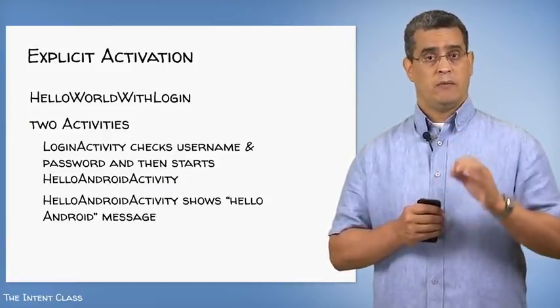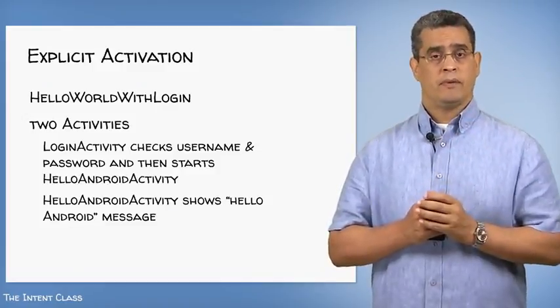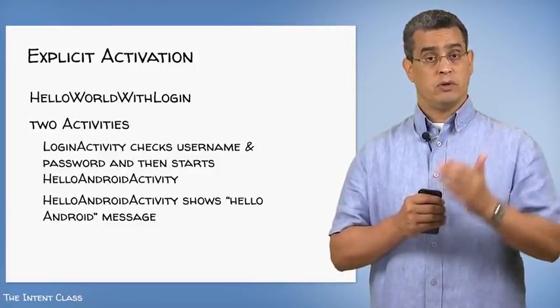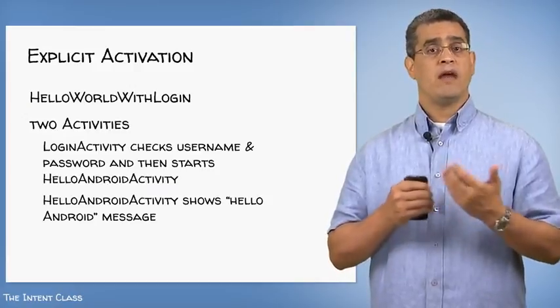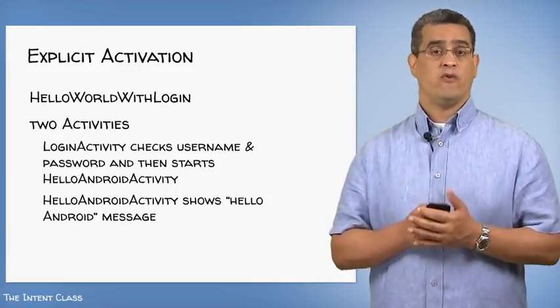There's also a button, and once the user enters the username and password, they'll hit the login button, and then LoginActivity will check the entered password and username, and if it accepts them, it will then start the HelloAndroid activity, which will then display the words Hello Android.